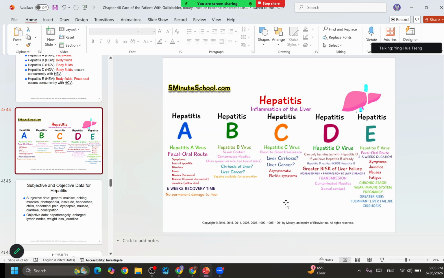But here is something I want to tell you. If you get hepatitis B, you can also get hepatitis D. But if you don't have hepatitis B, there's no way you can get hepatitis D. You can only be affected by hepatitis D if you already have hepatitis B. These two stay together, like husband and wife.